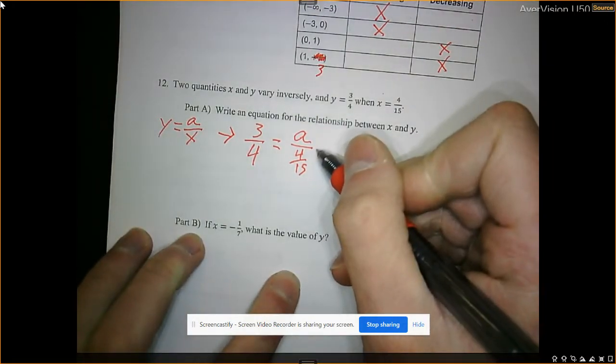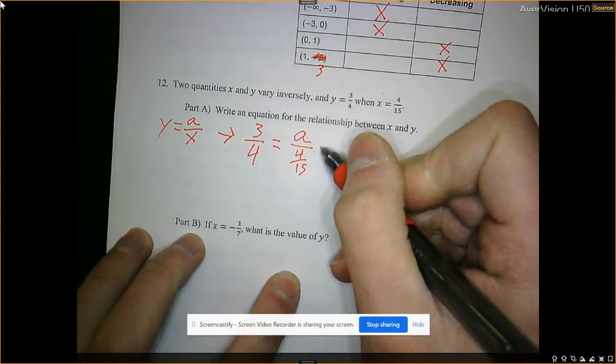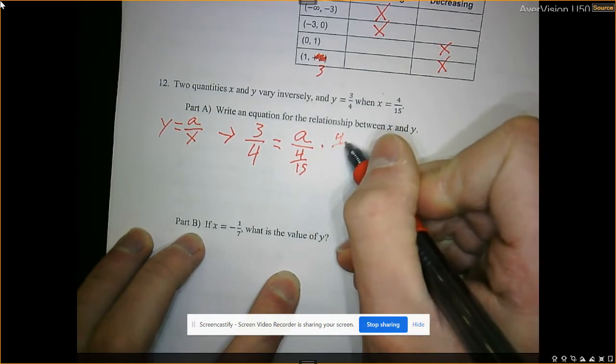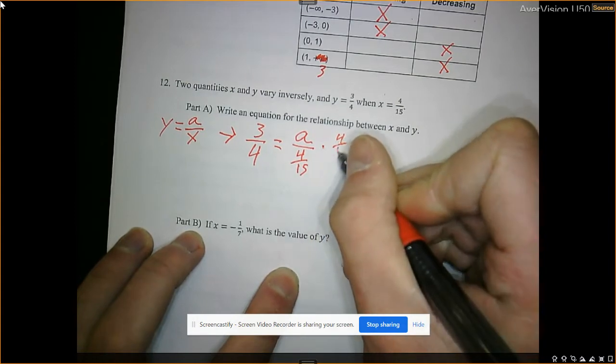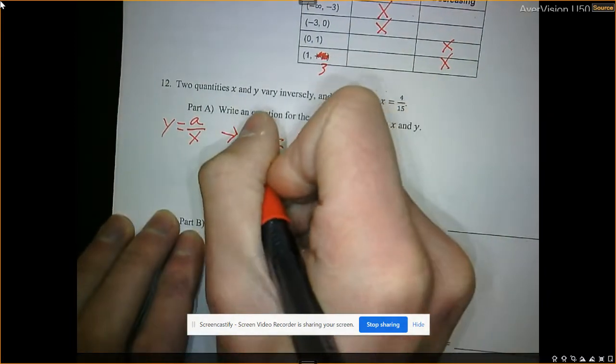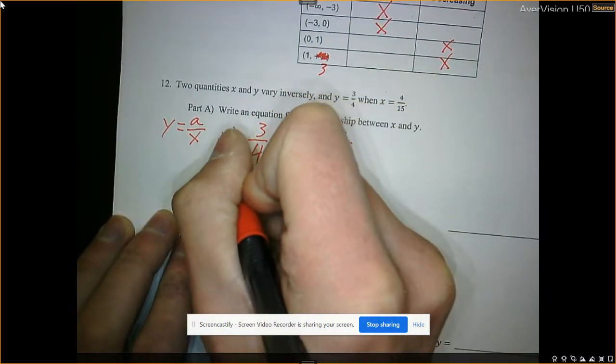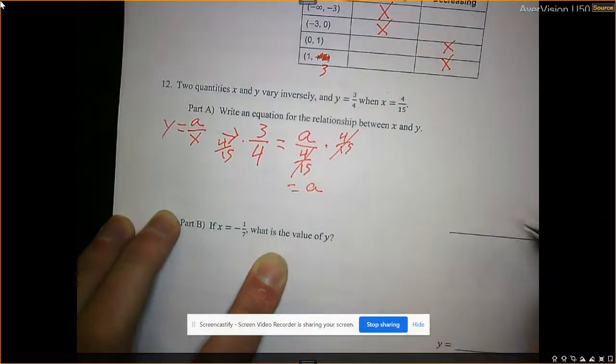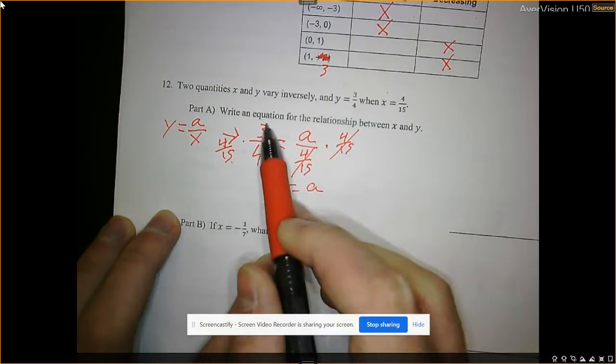To get a alone, I need to multiply both sides by 4/15 because right now a is being divided by 4/15. So I do the opposite of divide by 4/15, which is to multiply both sides by 4/15. That gets my a alone here. 4/15 times 3/4.